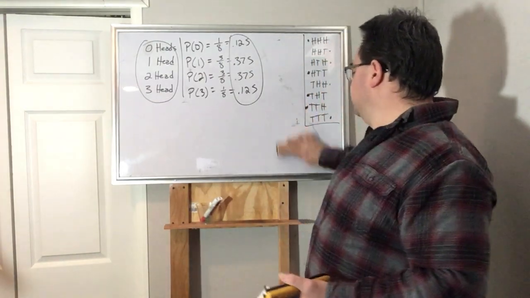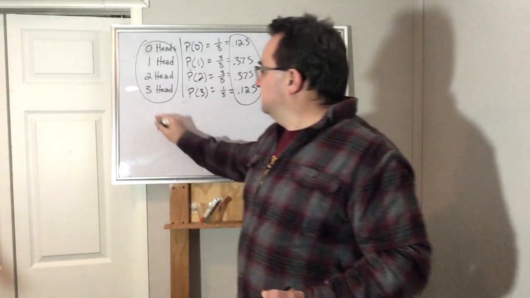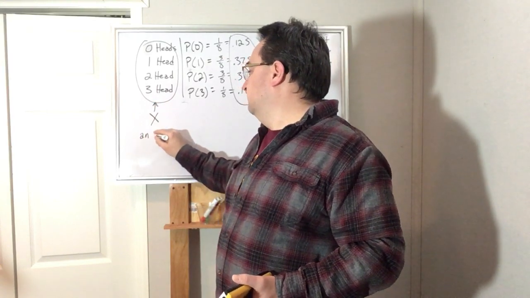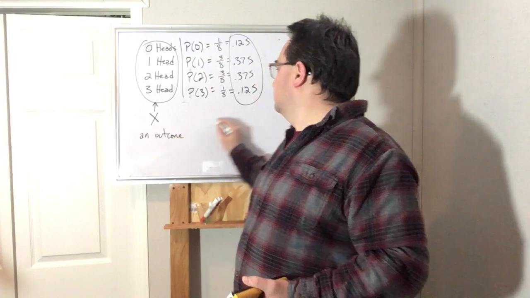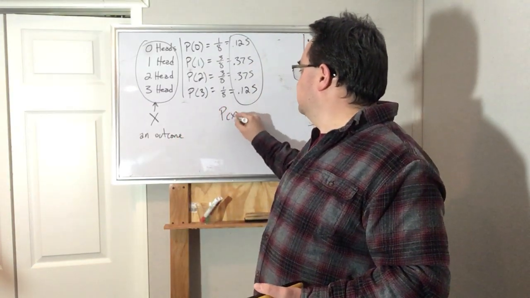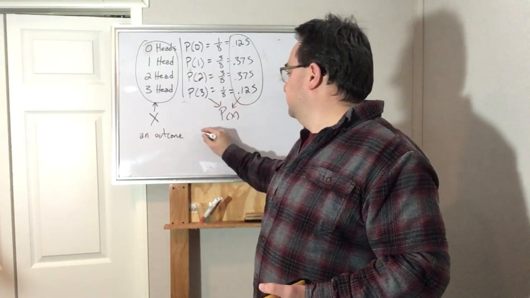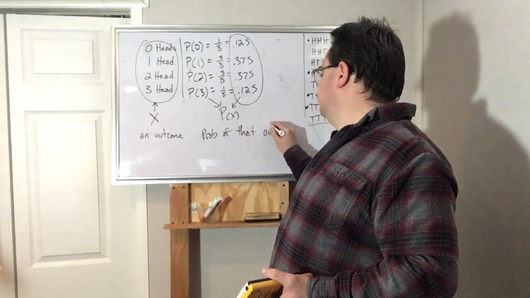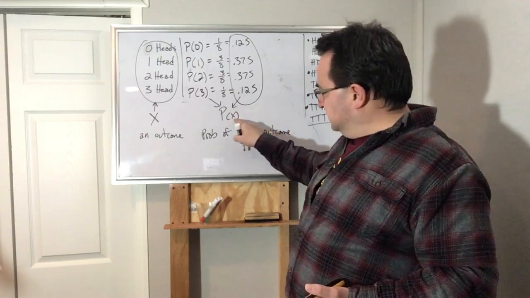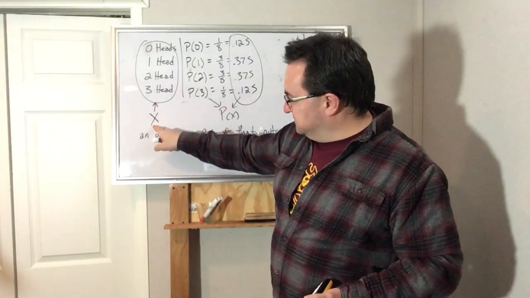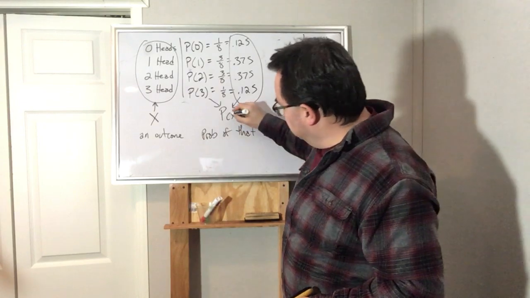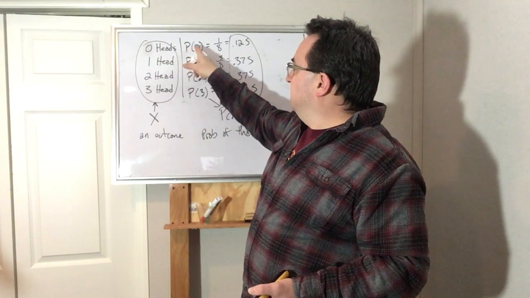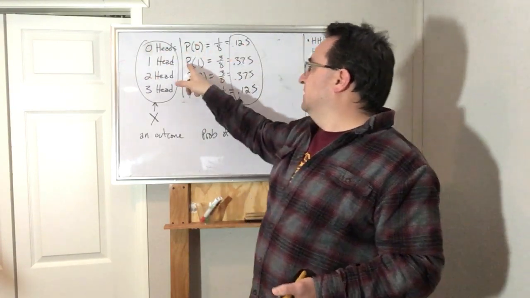So kind of how we lay this out when we're doing formulas is X is an outcome, and P of X is the probability of that outcome. What do I mean by that? See this X? See that X? If this is the outcome, this is the probability of that particular outcome.